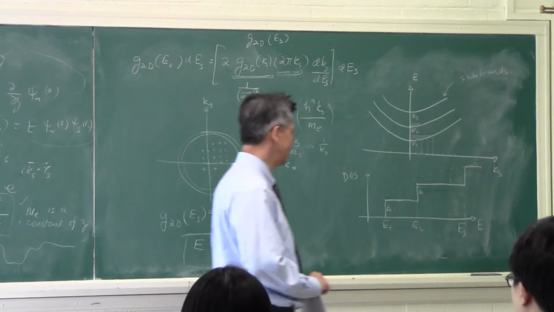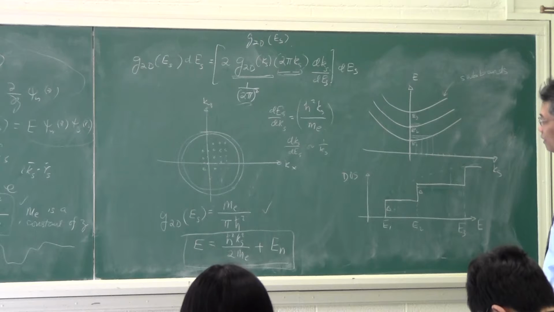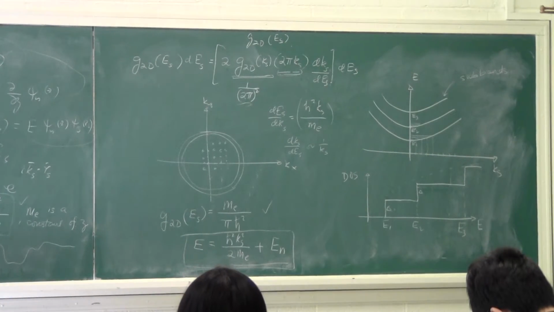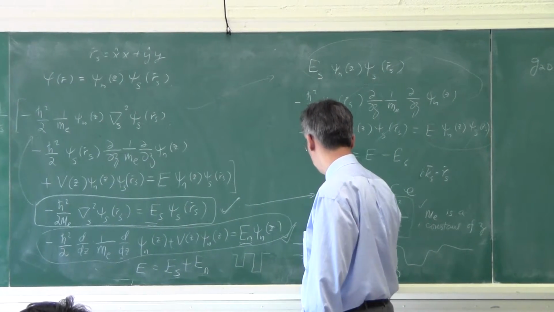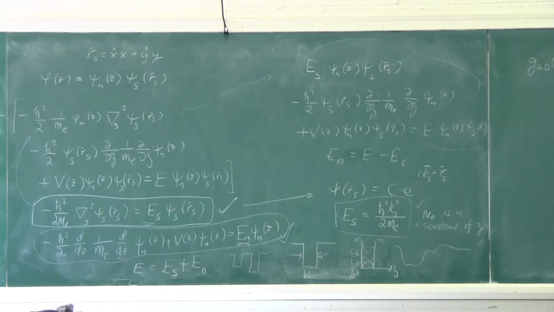Okay. So what happens is that as you make this quantum wall in the transverse direction larger, if you make this dimension, the width of the quantum wall, larger and larger, you get more and more modes, right?